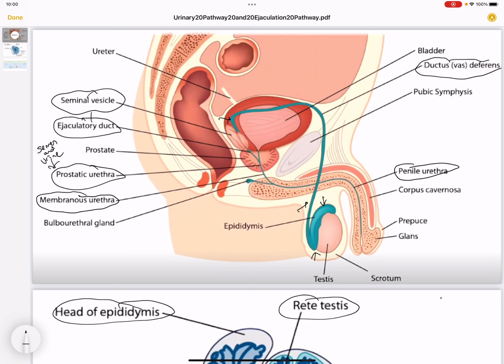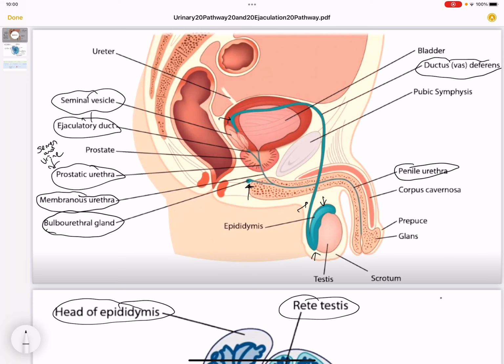Now, how do we determine whether we're going to release semen or urine? Well, if we were to release semen, before releasing semen, our bulbourethral glands play a role, as you can see over here. So before ejaculation, the bulbourethral gland is going to release pre-ejaculatory fluid to remove urine.